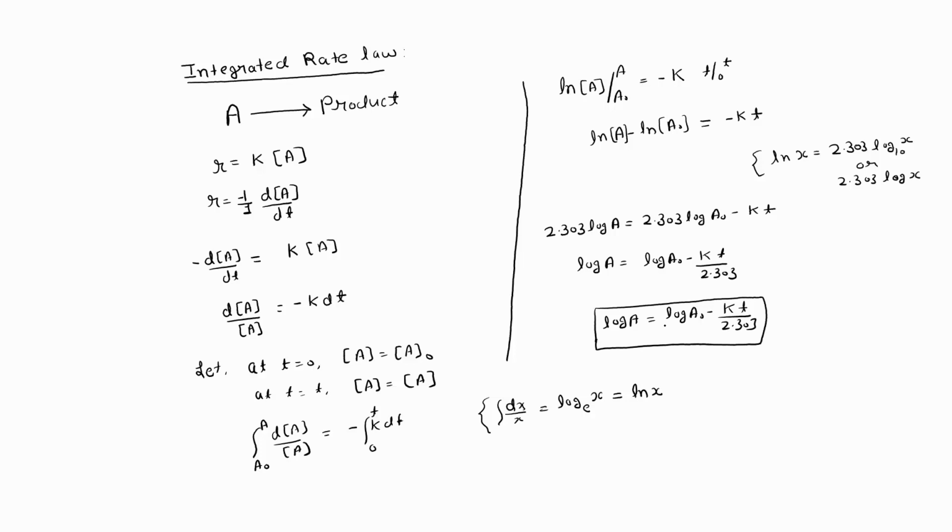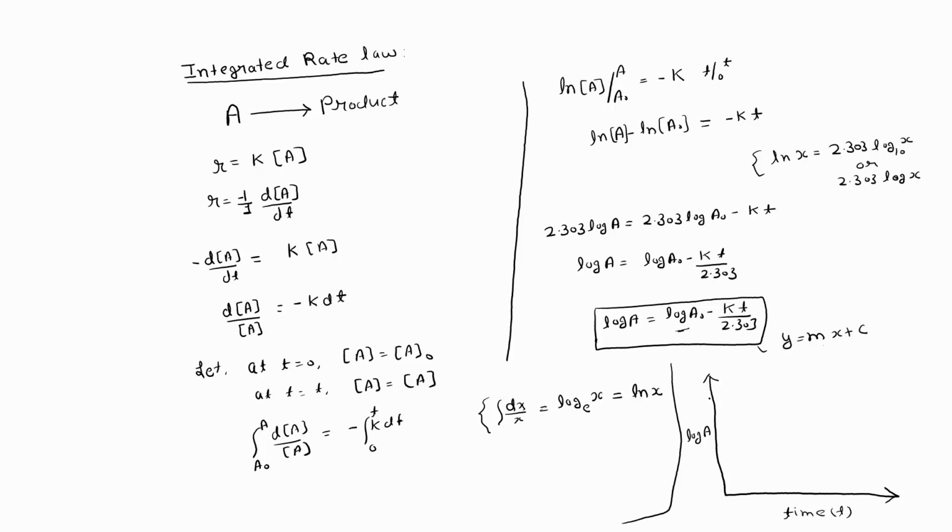Yes. If we make a graph from this equation, I will make the graph here: the graph of log A versus time. If you compare it with y is equal to mx plus c, then c will be log A naught and m will be minus k by 2.303.